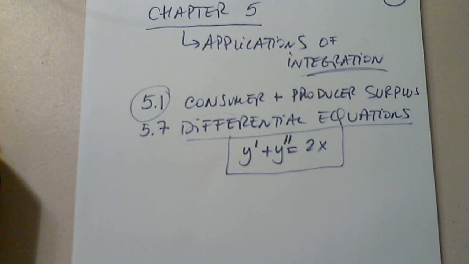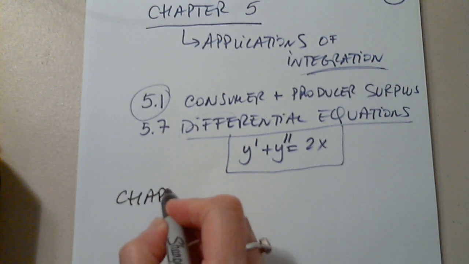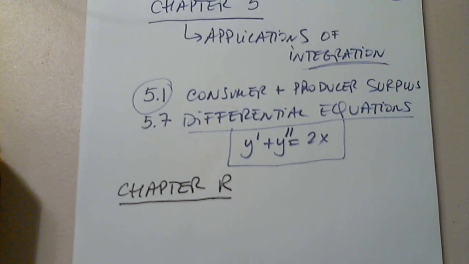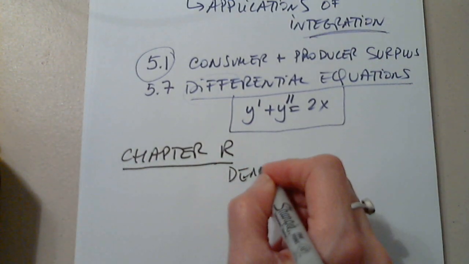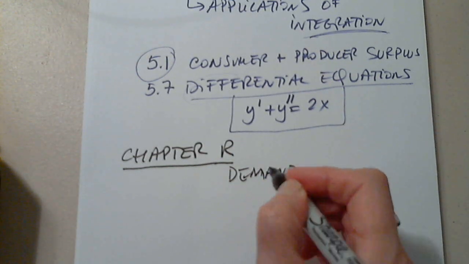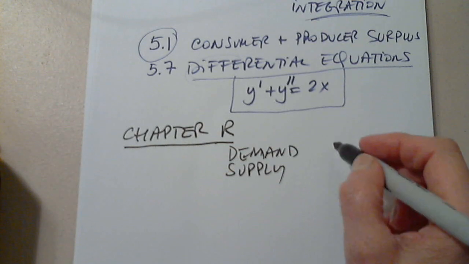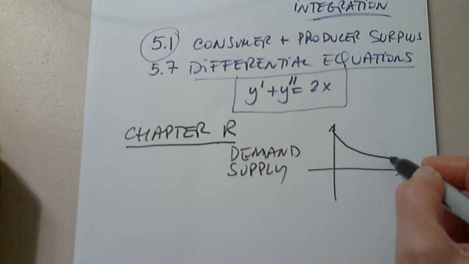A long time ago in the review chapter, in chapter R, we talked about two things, and I know you remember. We talked about demand and supply, and we also talked about a point where they meet.